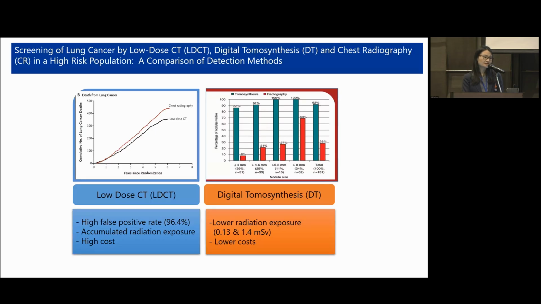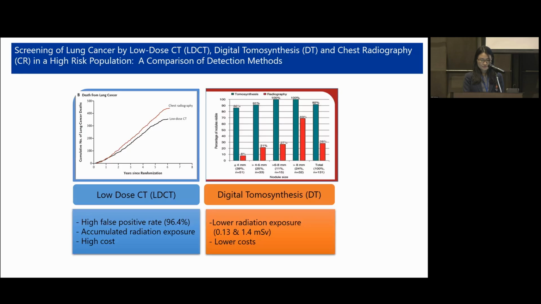When the nodule is smaller than 6 millimeters, sensitivity is about 90%, and less than 4 millimeters is about 85%. So it is good at detecting actionable nodules, but for the tiny ones, we don't need that much accuracy.